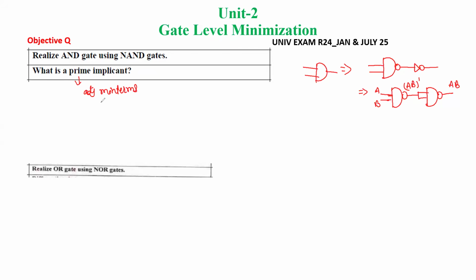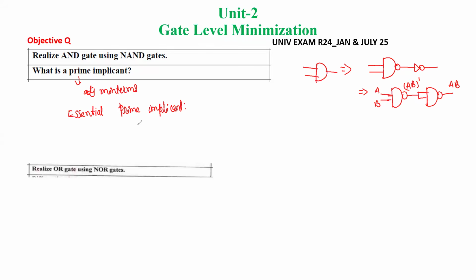Apart from prime implicants, another third thing is sometimes they will ask you what the essential prime implicants are. How is it different from the prime implicant?